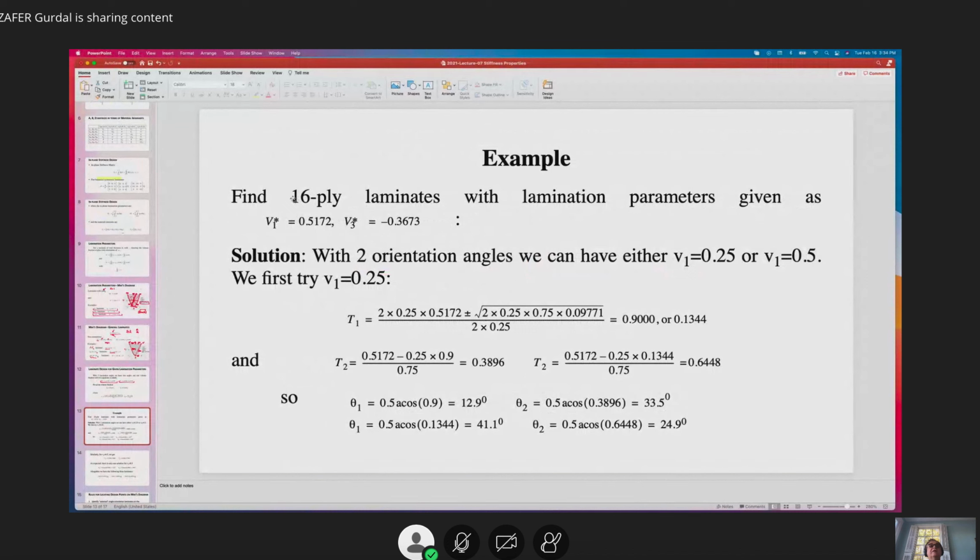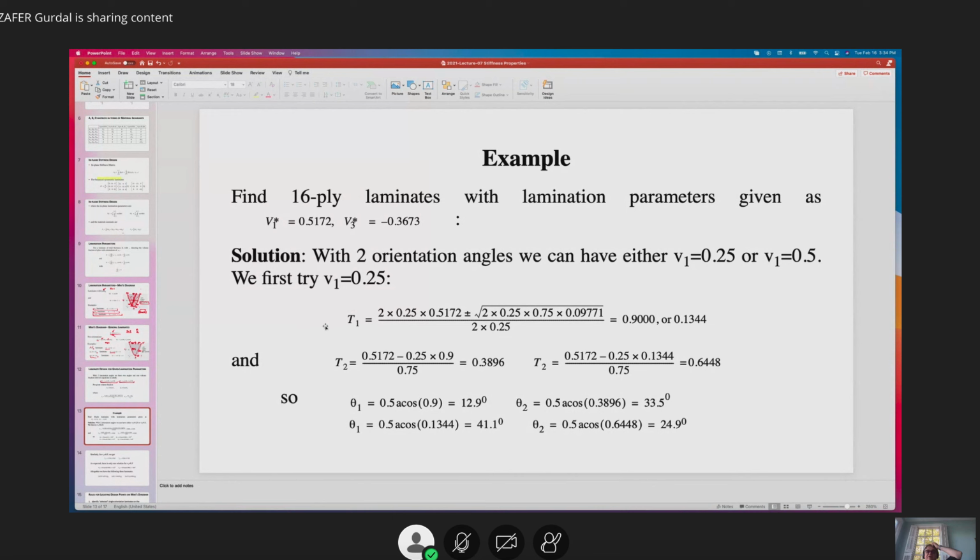So I'm going to try to find 16 ply laminates with lamination parameters given as V1 star equals 0.5172 and V3 star equals 0.3673. And this completely defines the stiffness matrix.